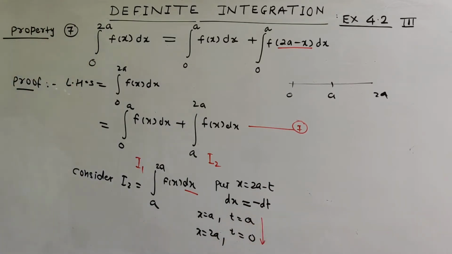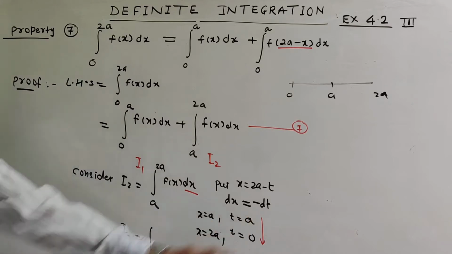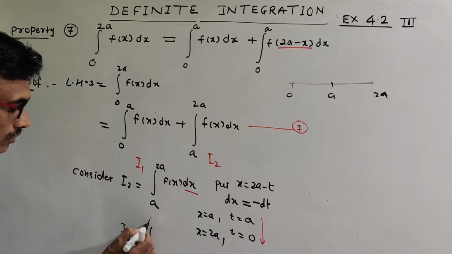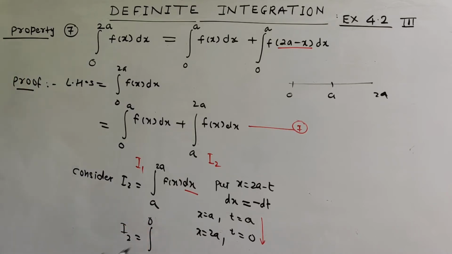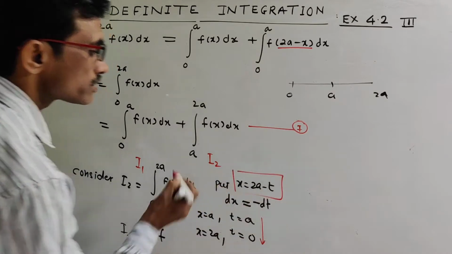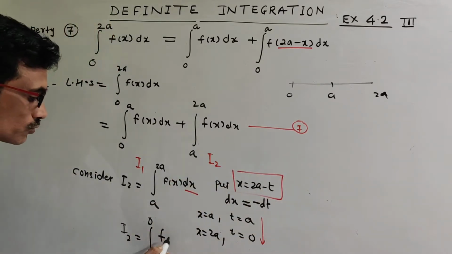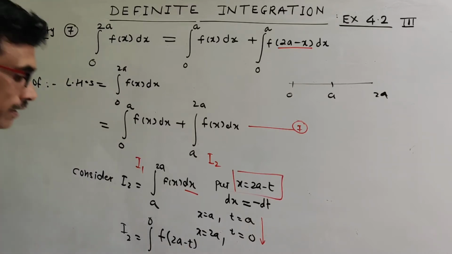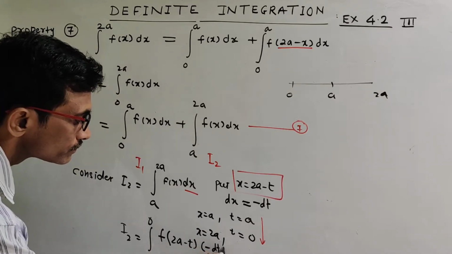Therefore our integral I2 will be integral a to 0 of f(2a minus t), and dx is equal to minus dt.